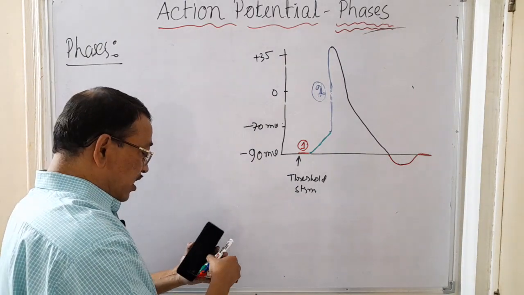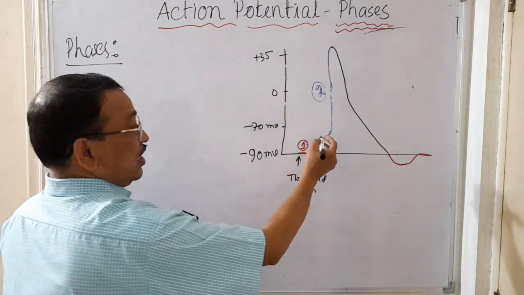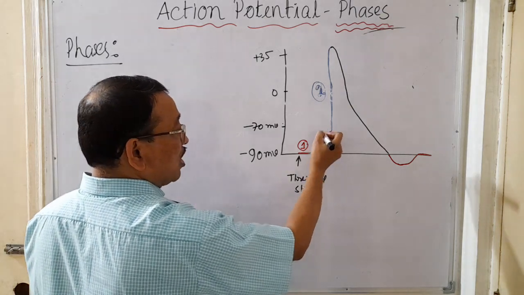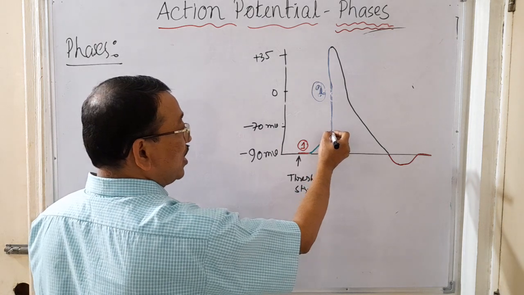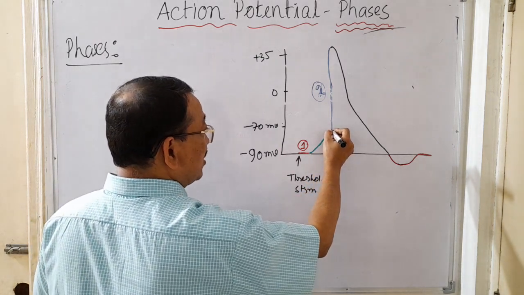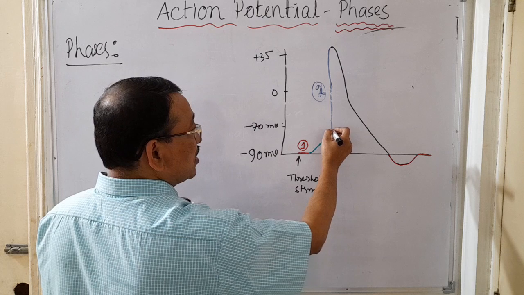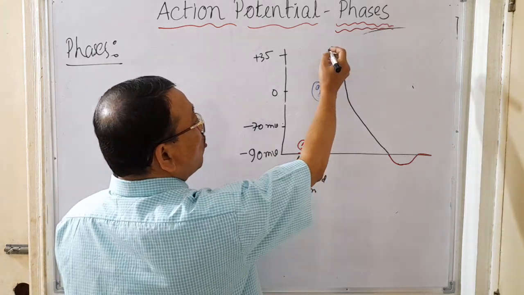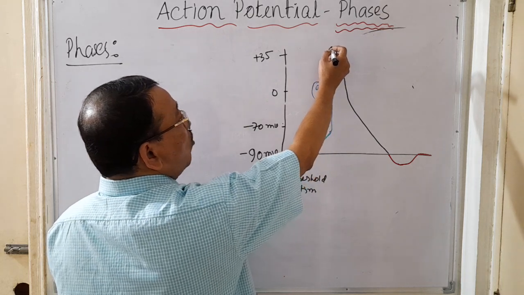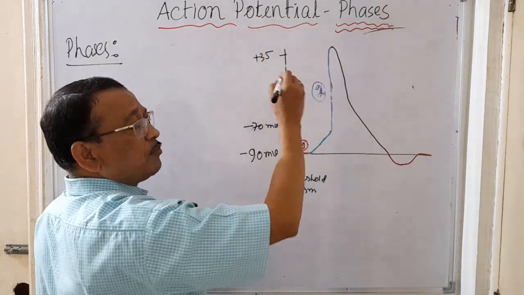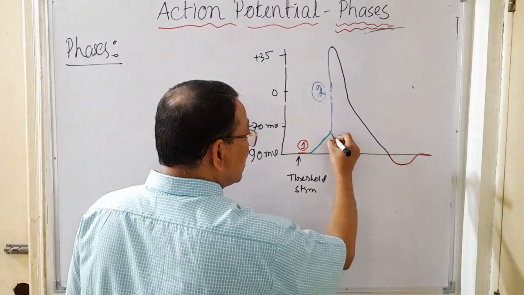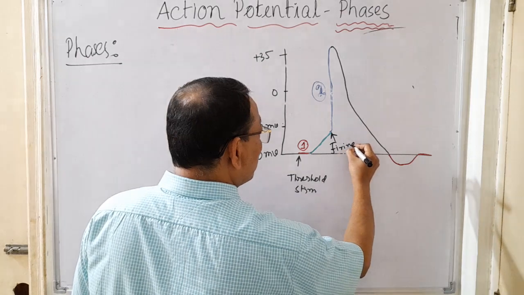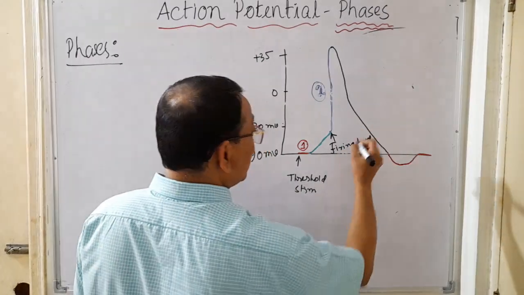In this phase, initially there is a slow change of the membrane potential from minus 90 to minus 70. From minus 70, some changes take place, because of which there is a very sharp fall of electronegativity going to plus 35 millivolt, and this level is known as the firing level or critical level.